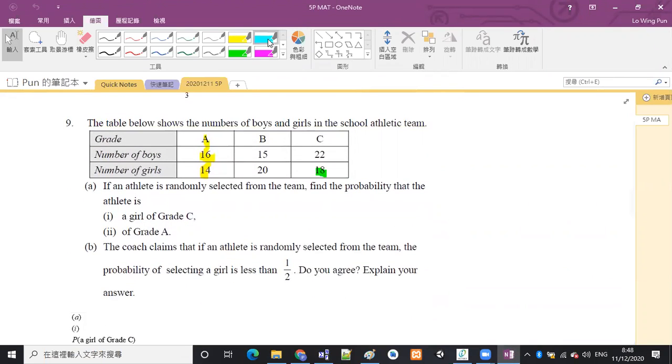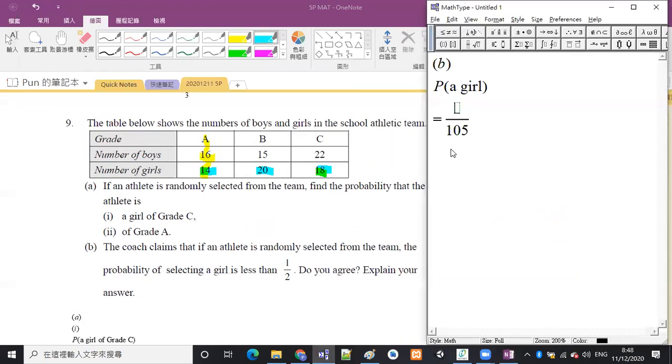the girls will be this number plus this number plus this number, right? Okay, so that should be 14 plus 20 plus 18. That will be equal to 52/105.